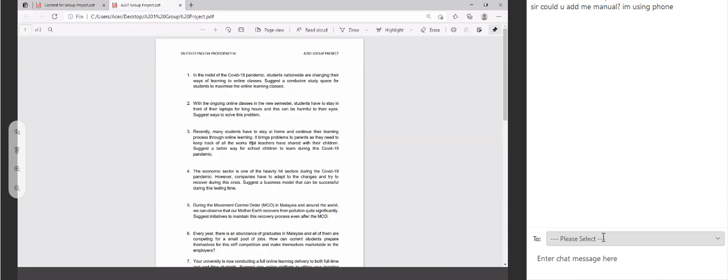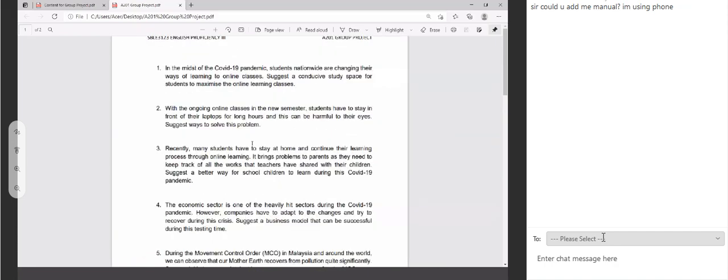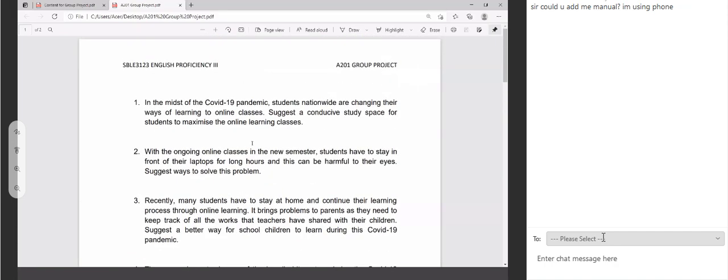And what you need to do for a group project is propose a product or an idea or a program, for example, depending on the problem that you get.